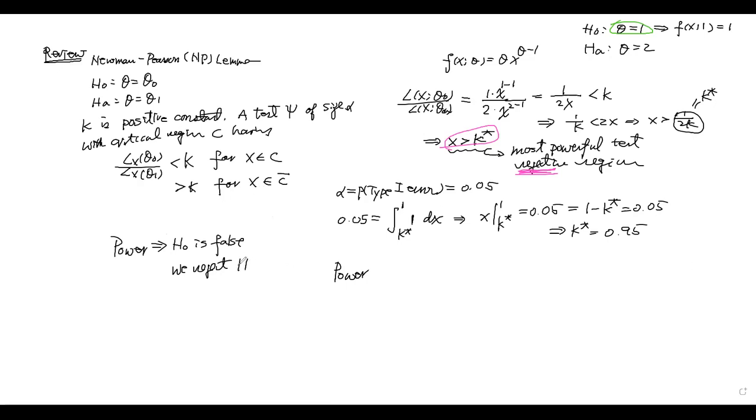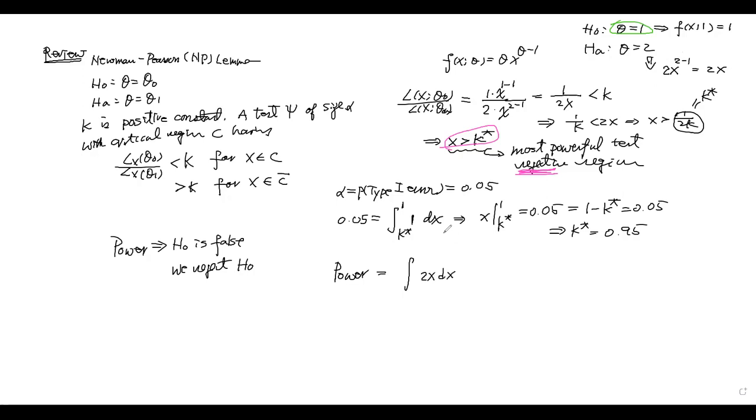When H0 is false, that means HA is true. We take HA, so theta equal to 2. When theta equal to 2, the PDF here is 2x, right? Because this is 2 minus 1. So the PDF is 2x here, and that means the integral of 2x dx.